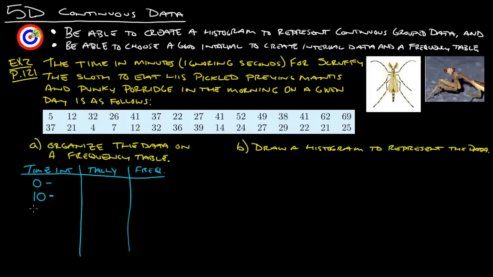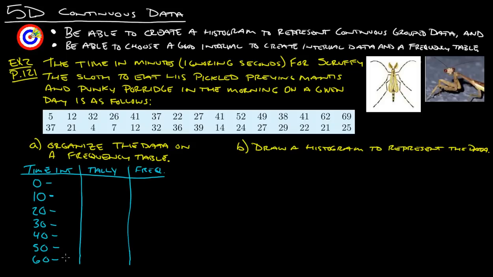So this is how you write it. And so we're going to do the 20s, 30s, 40s, 50s, and 60. And we can even leave the 60 with the minus there. That just means 60 and above.